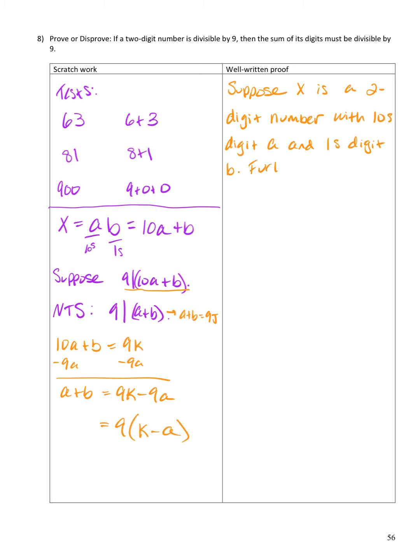Further, suppose x is divisible by 9. Then x equals 10a plus b, and 10a plus b is a multiple of 9.